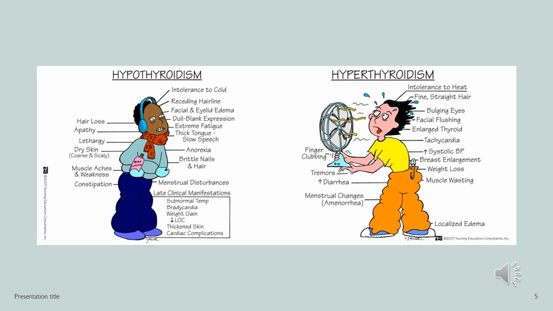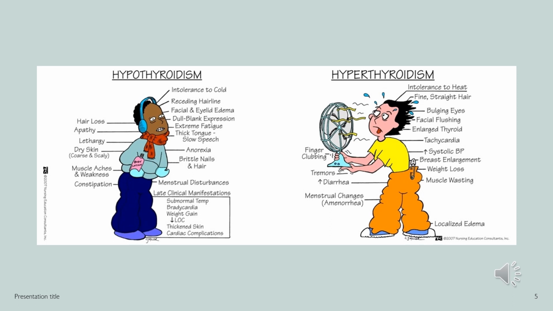But just remember that with hyperthyroidism, you're looking for that tachycardia, bulging eyes, finger clubbing, tremors, also menstrual changes, but this is more of that amenorrhea, so not having a period. Edema, breast enlargement, enlarged thyroid. So it is important to note that you can get a goiter in both hypo and hyperthyroidism.